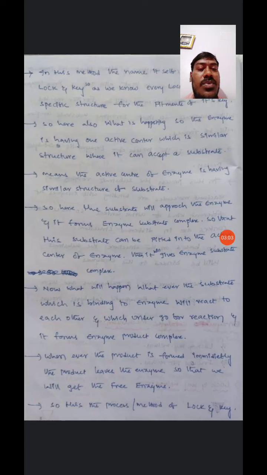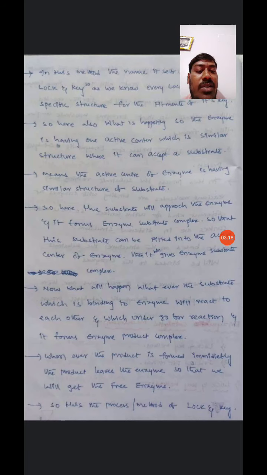So here the substrate will approach the enzyme and form the enzyme substrate complex, so that the substrate can be fitted into the active center of the enzyme.